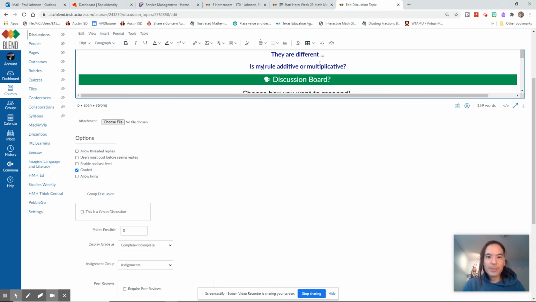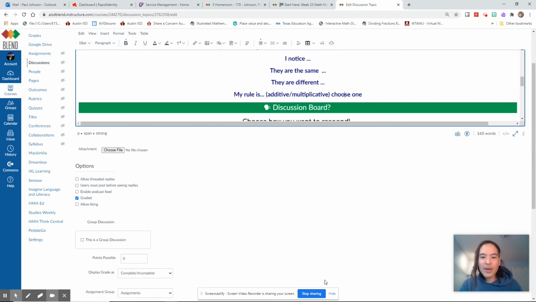See, make it a stem. My rule is dot. And then you just pick one, additive or multiplicative. Choose one.